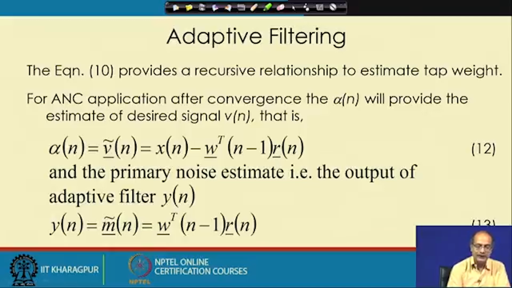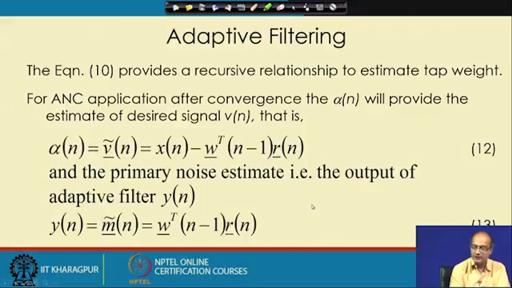Now, taking the previous equation, we would like to have a recursive equation to estimate the tap weight, and for this particular application of adaptive noise canceller, in short ANC, after the convergence, the alpha n will be same as the En.